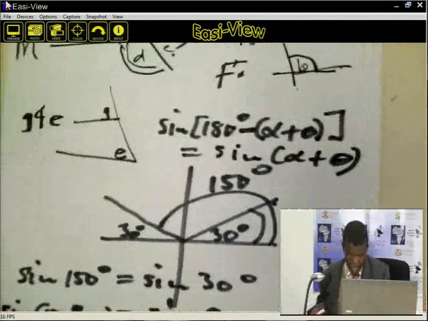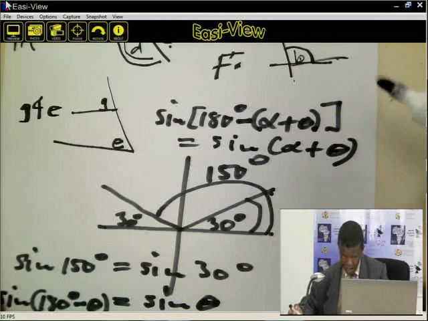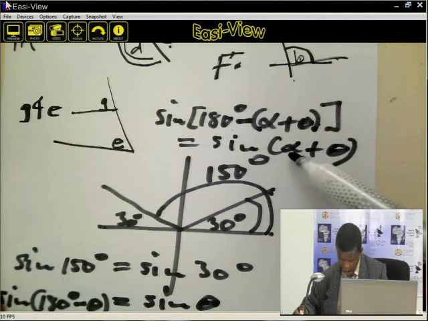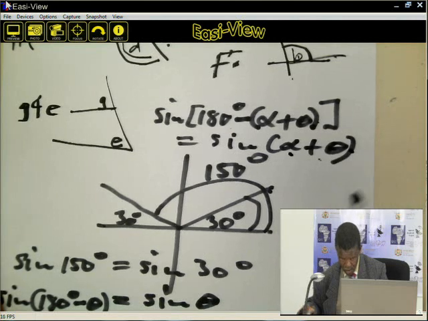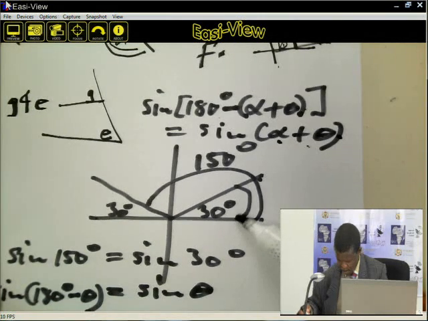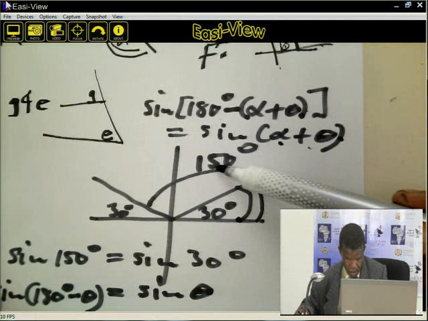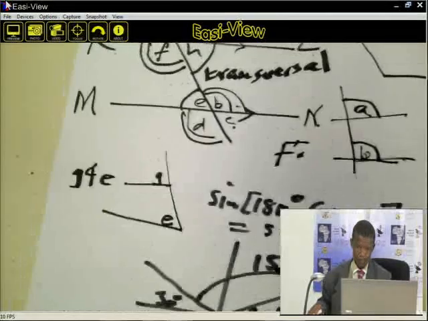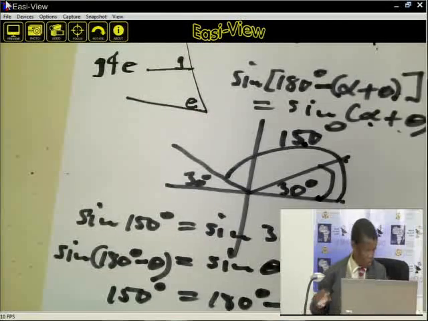But like I indicated, it does not mean 180 minus alpha plus theta is equal to alpha plus theta, in the same way that 30 degrees is not equal to 150 degrees. If it were live, I would take questions.